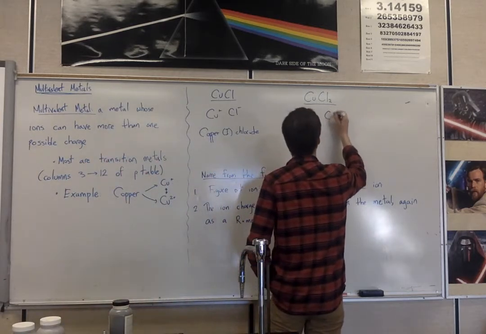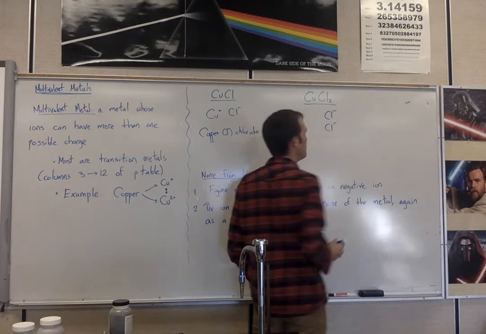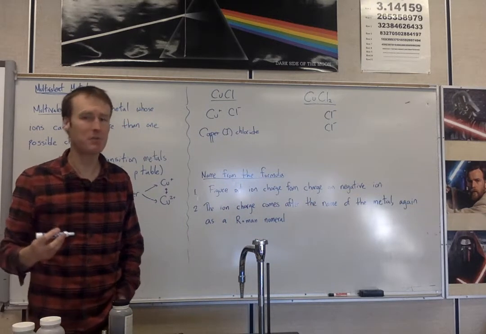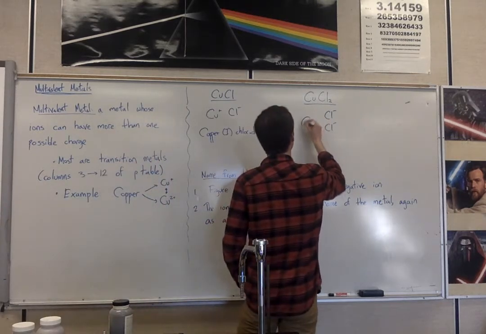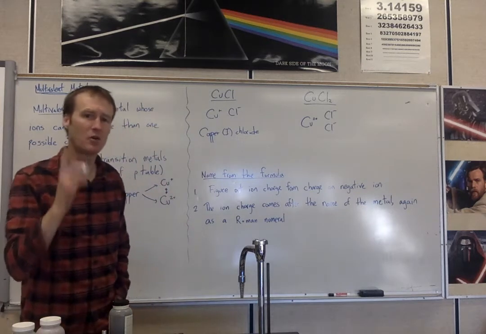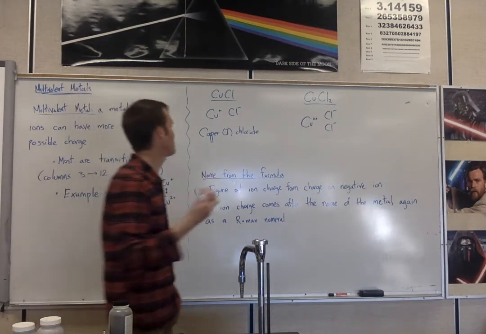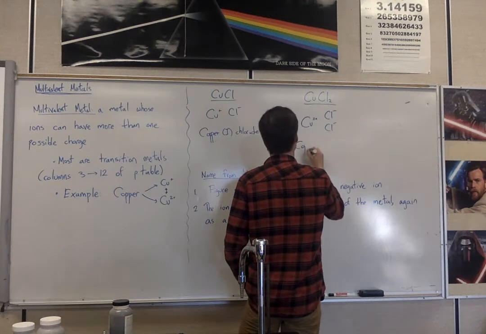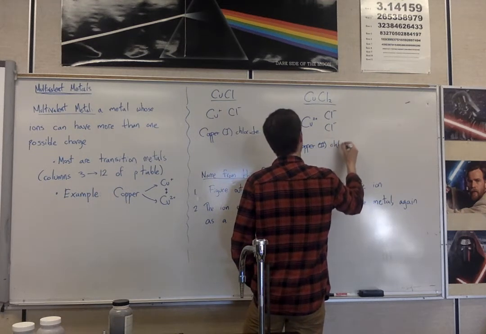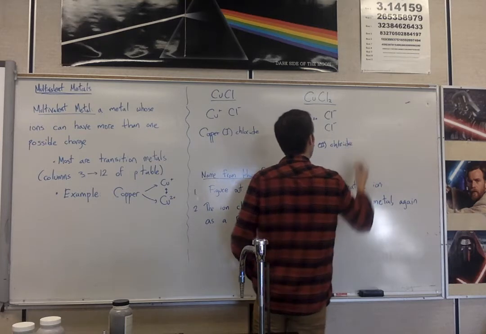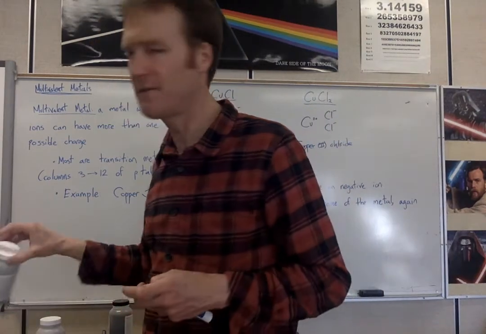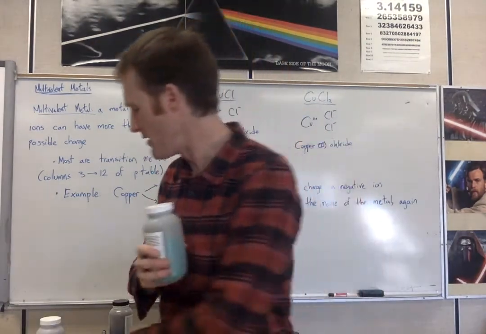CuCl2, well, we have 2 of these chlorides. I guess we have to balance that with a +2. There's only 1 copper, so that single copper in the formula must have a +2 charge. So this is copper(II) chloride. For a lot of multivalent metals, some of the charges are relatively rare.